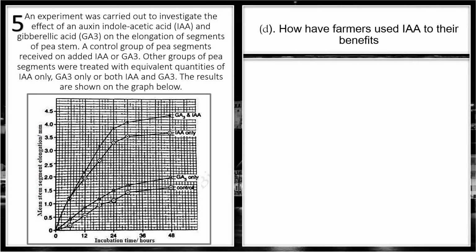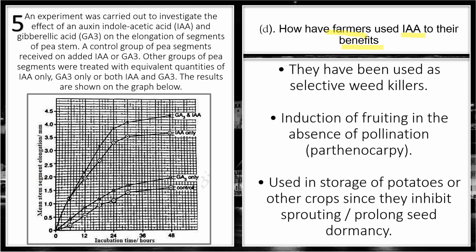Part D. How have farmers used indoleacetic acid to their benefit? They have used it as a selective weed killer. There is induction of fruiting in absence of pollination, that is parthenocarpy.